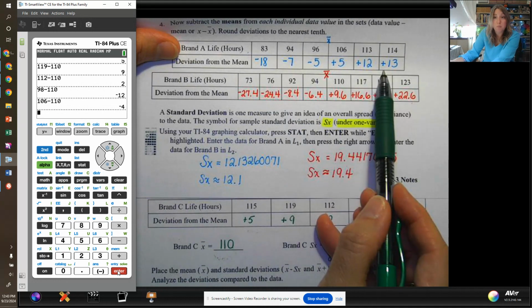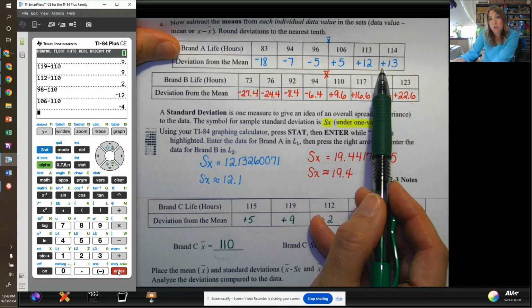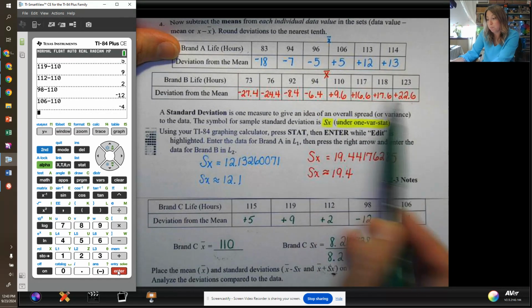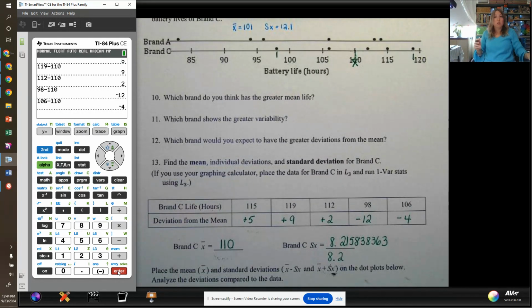This was our middle of all the work that we did, right? This was a middle range. Notice my deviations are in the middle. This was the biggest range, so my deviations from the middle were the biggest. So the smaller the range, the smaller the deviation, or the distance away from your middle. That's just how this works, okay?